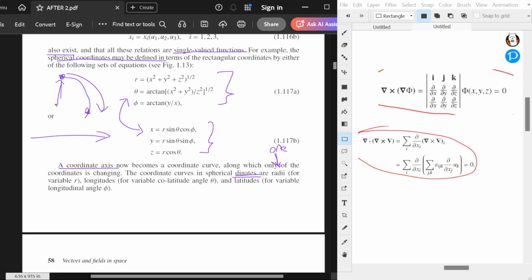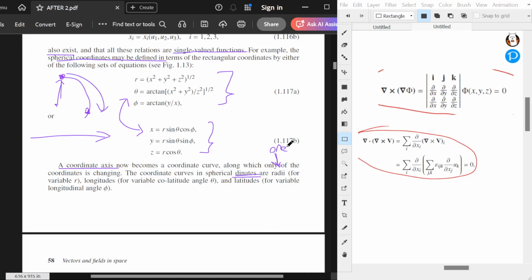Let me Google what this word means. I still don't know. I'll find out from context clues, I guess.